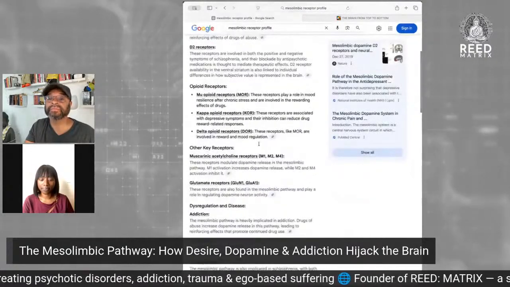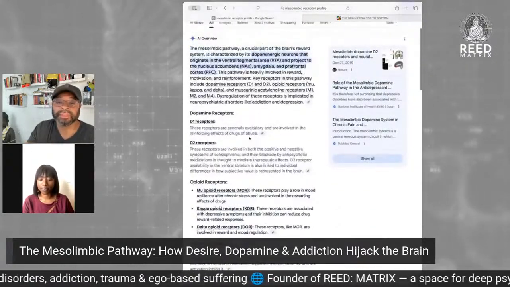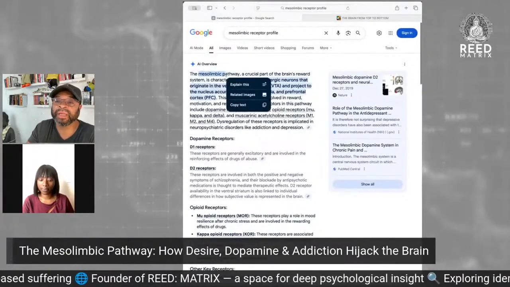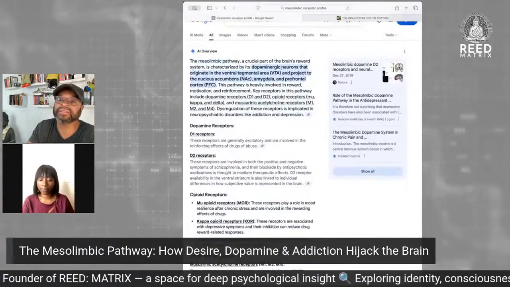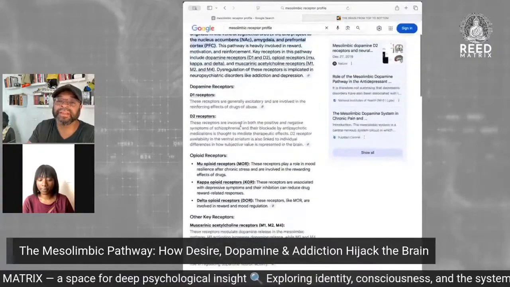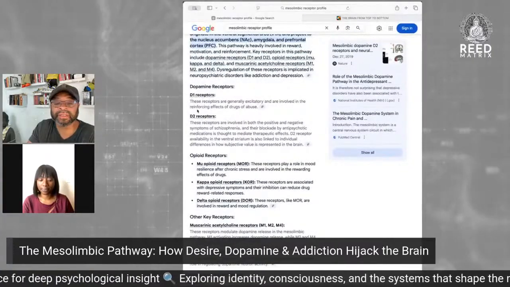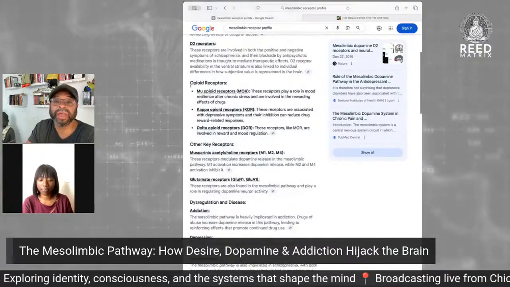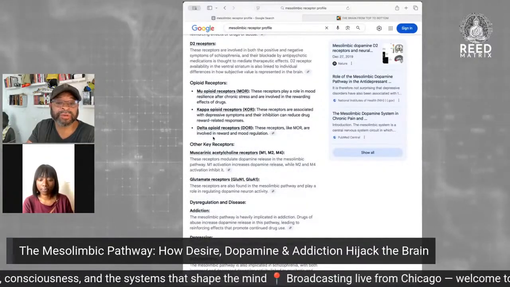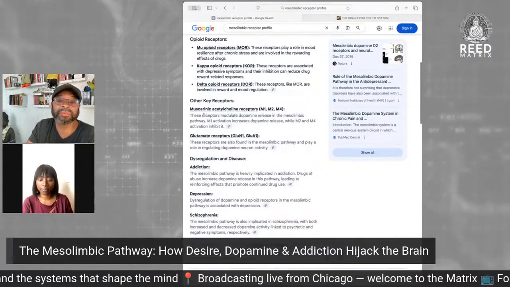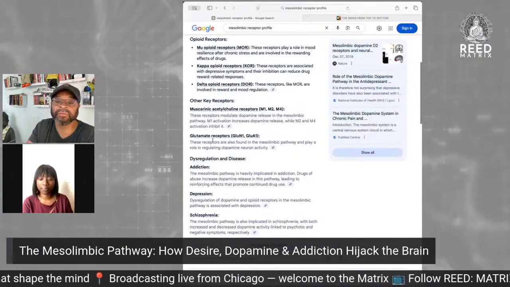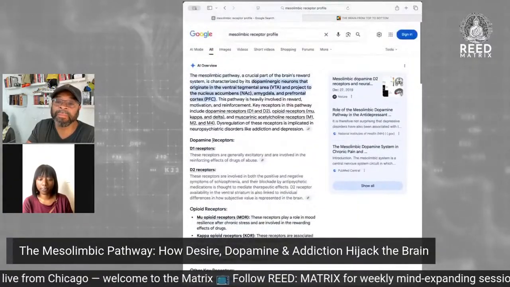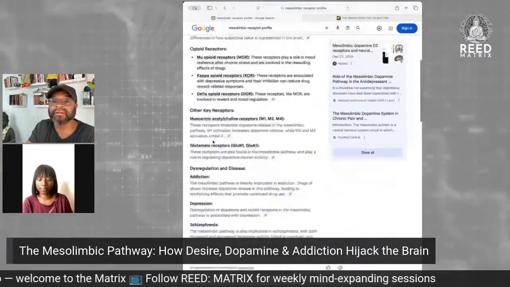On this mesolimbic pathway, which connects these different areas, we have D2 receptors and D1 receptors, so dopamine receptors are present. We have opioid receptors in these categories, and we also have other receptors here, muscarinic receptors and glutamate receptors.